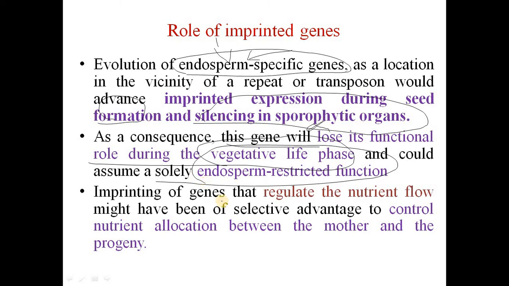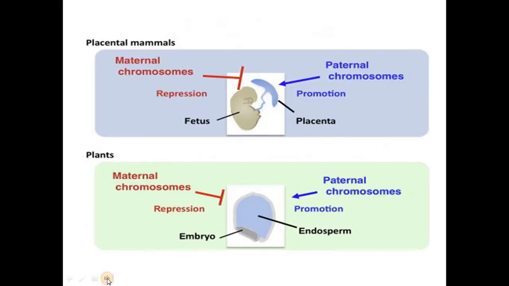But at the same time these genes regulate the nutrient flow, which has the advantage of controlling nutrient allocation between the mother and the progeny, which is of prime importance for development of the embryo in a human being, or the fetus, or in plants, the angiosperm, for the development of the embryo of the seed.